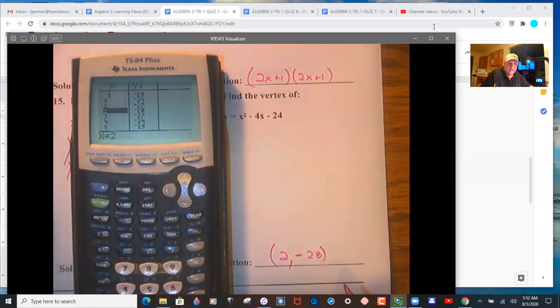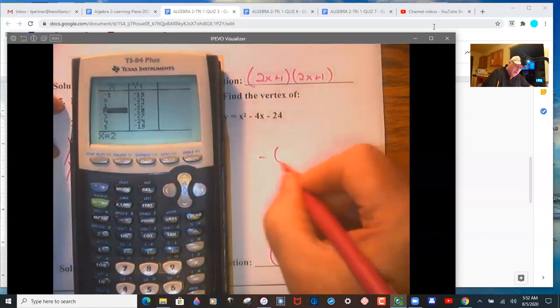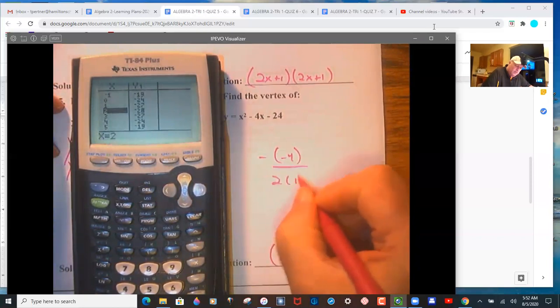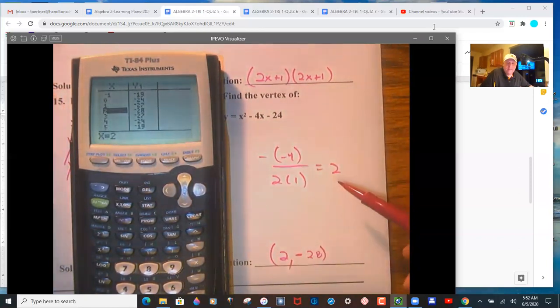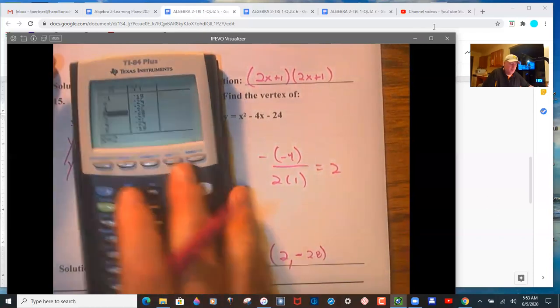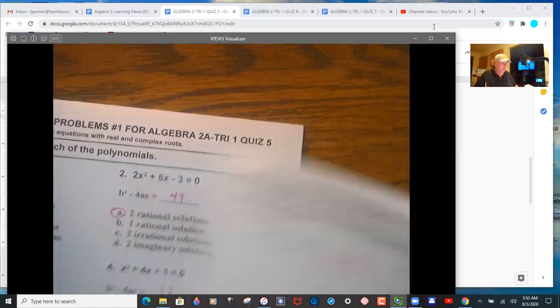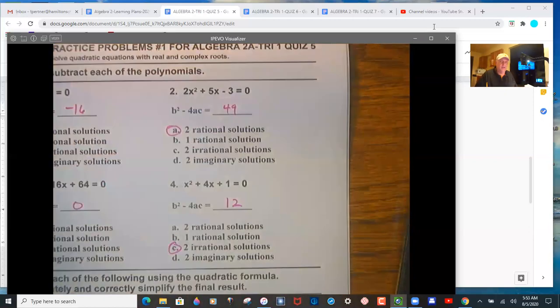If you can't find it on the table, you have to do negative b over 2a. So that's the x value of the vertex, which is 2. So let's say it was 2.5, you'd have to do that first. So always know there's a way if you can't find it on the table. So that's practice quiz 1.